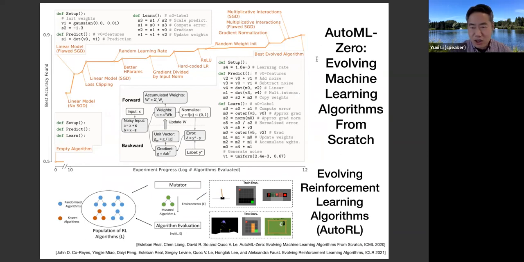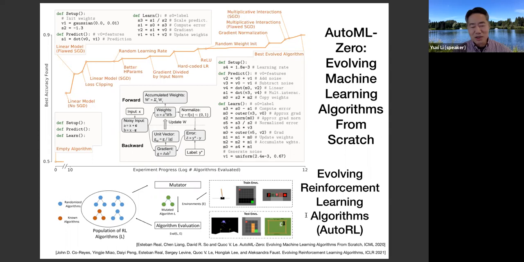Recently there are two papers that I think are pretty amazing. This one is called AutoML-Zero. Basically, it discovers the machine learning algorithm itself using machine learning techniques. This is about meta-learning, learning machine learning algorithms by a machine learning algorithm. Last year they did this for machine learning algorithms, and recently I found they have done this for reinforcement learning algorithms.